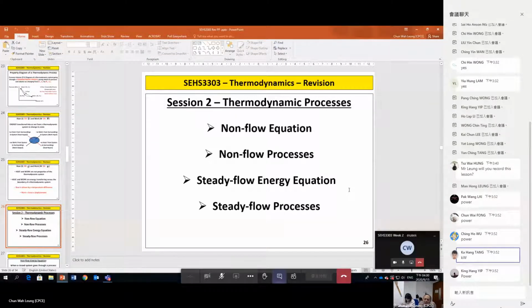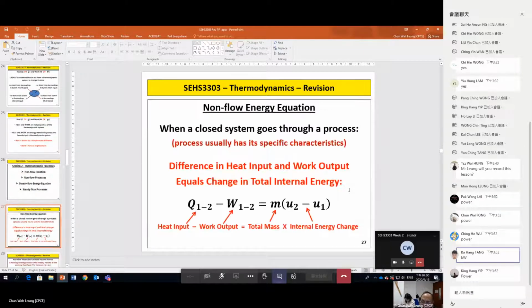So now, let us go into these two kinds. First, I will talk about the non-flow first. So when a non-flow system, we can call it a closed system, goes through a process, then it is a non-flow process. And the equation to describe this non-flow process is what we call the non-flow equation.